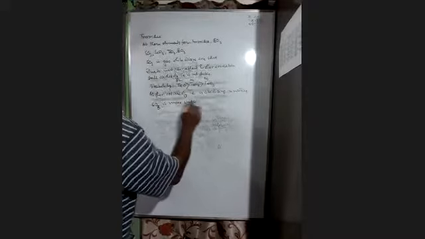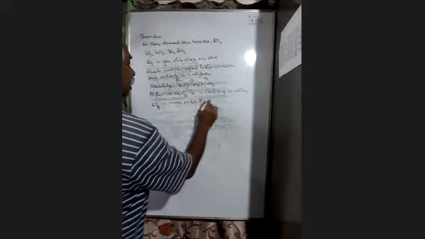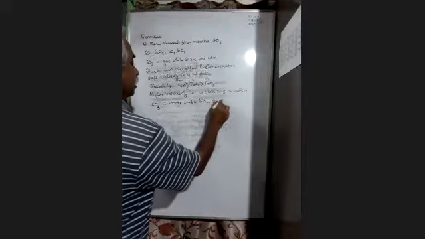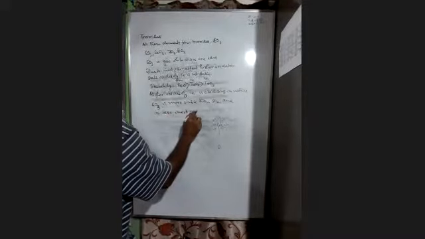So sulfur trioxide is more stable than sulfur dioxide due to less inert pair effect. This is only for entrance exam.